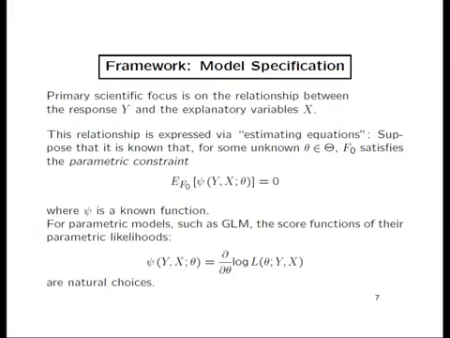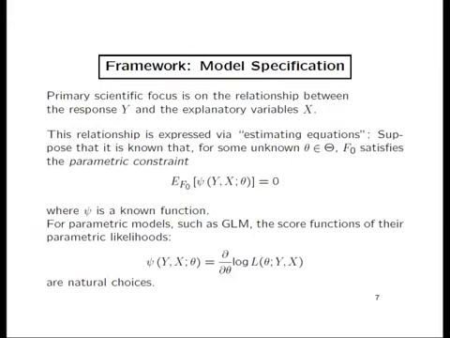We assume that we have some unknown parameter of interest theta, which relates y and x, and that we specify the underlying model, e.g. a regression model, through a set of estimating equations. That is, the expectation under the underlying population distribution f0 of some function psi of y and x, and the parameter, equals 0. So we have these typically multivariate estimating equations. We assume psi is known, theta is not known.